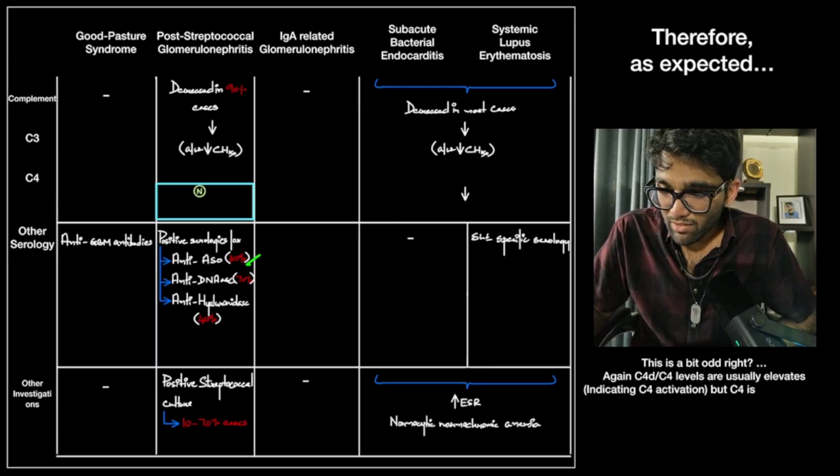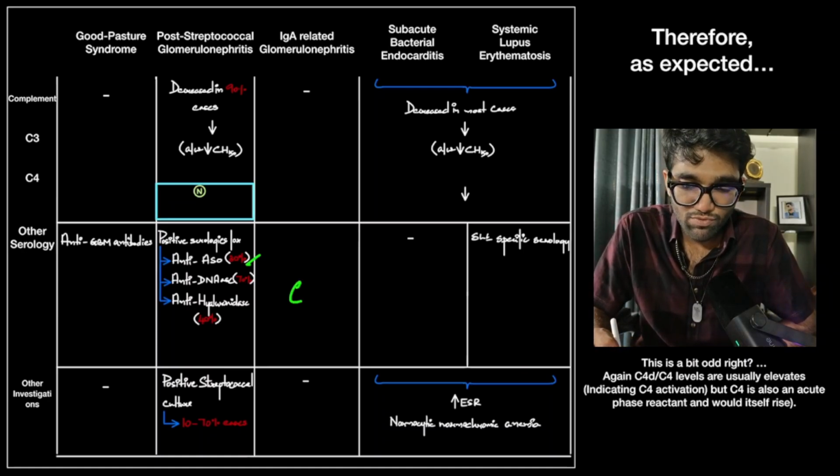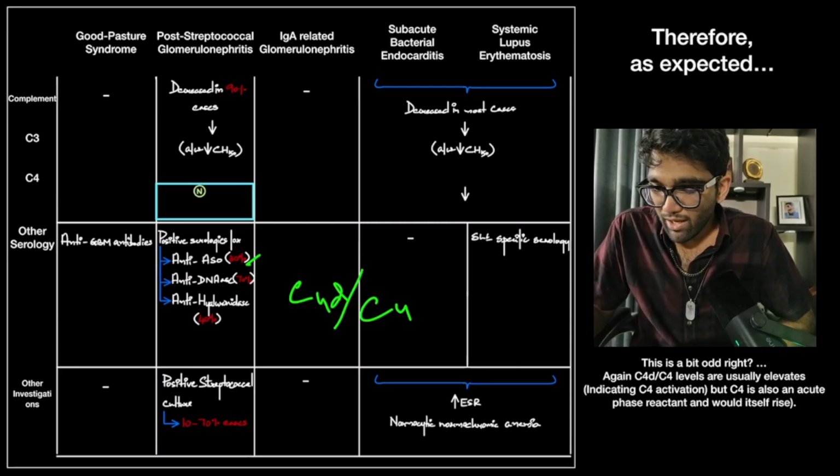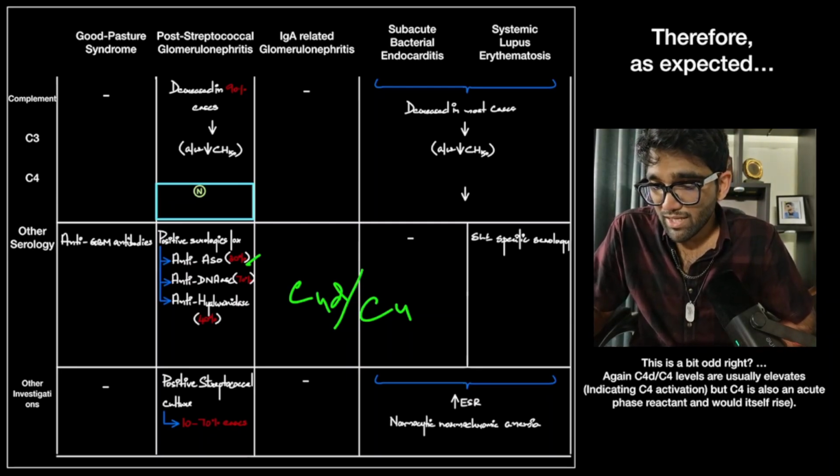Now, if we measure how much C4 has been activated, which we do by measuring the ratio of C4d to complement factor 4, C4, you actually find that a lot of C4 has been activated, but the serum levels of C4 per se are not decreased.